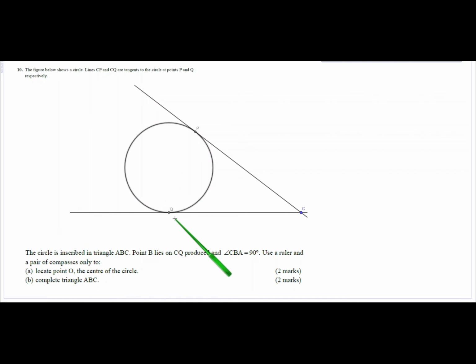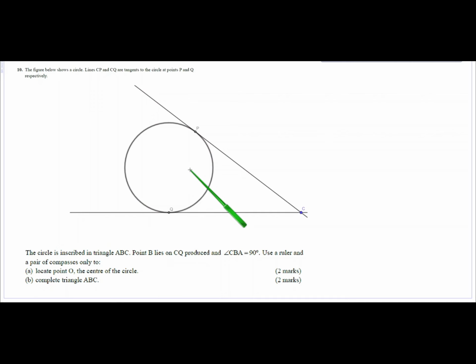Point B lies on CQ produced, and angle CBA is 90 degrees. Use a ruler and a pair of compasses only to locate point O, the center of the circle. Then complete triangle ABC.